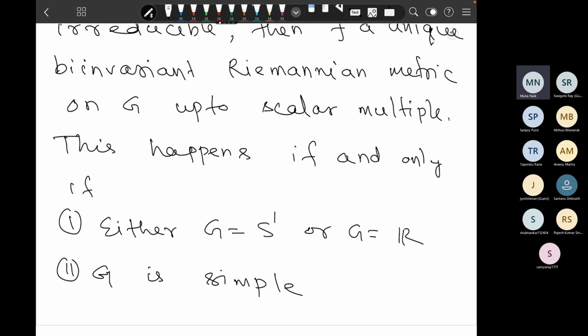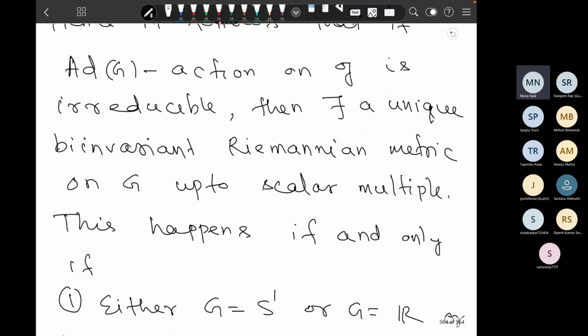So if G is equal to S1 or G is equal to R, or G is a simple Lie group, then there exists a bi-invariant Riemannian metric on G unique up to scalar multiple. This is clear, right?